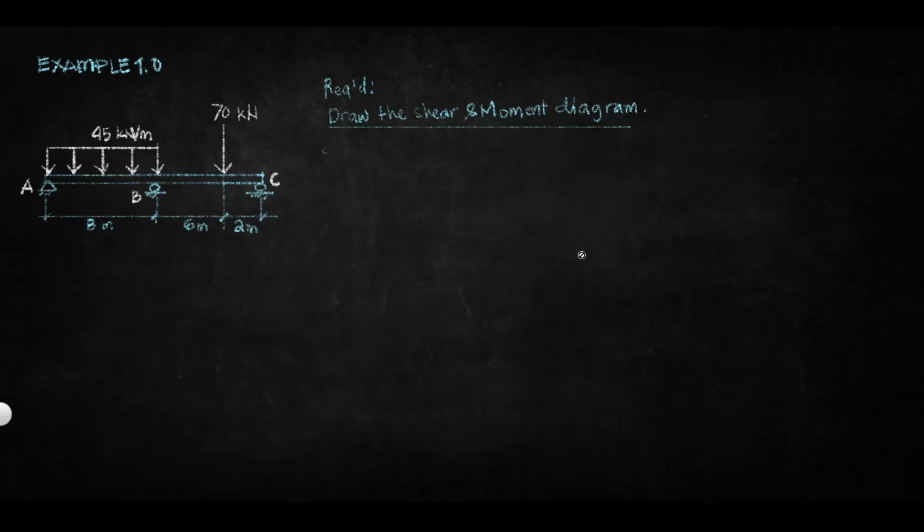Okay, ito po yung ating example number 1. So, we have here the given. Okay, ito po ay 2-span beam. Sabihin, continuous beam po ito. So, as you can see, let's determine first if it is, of course, indeterminate. No? So, we have how many reactions?